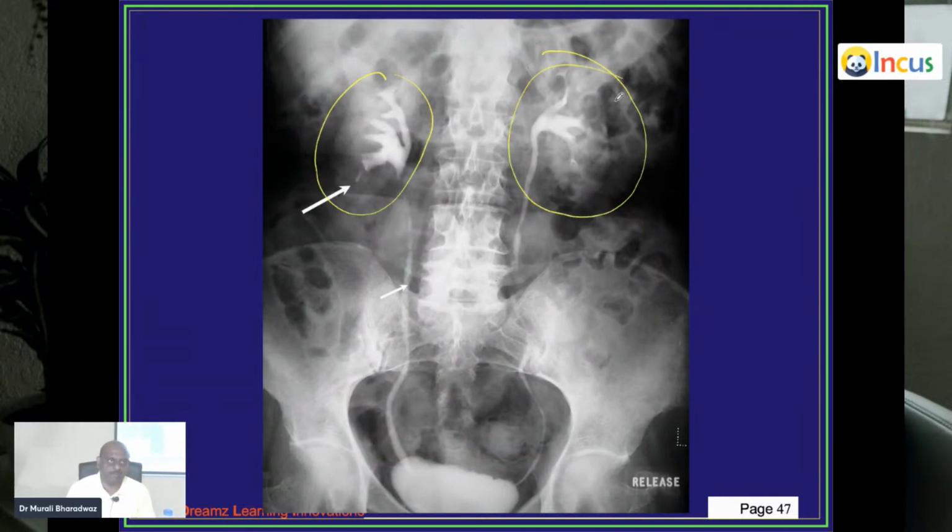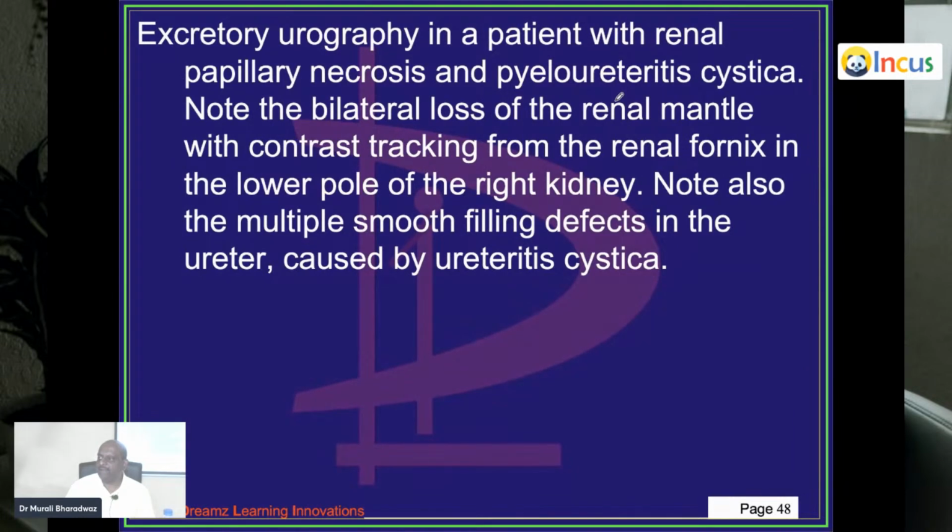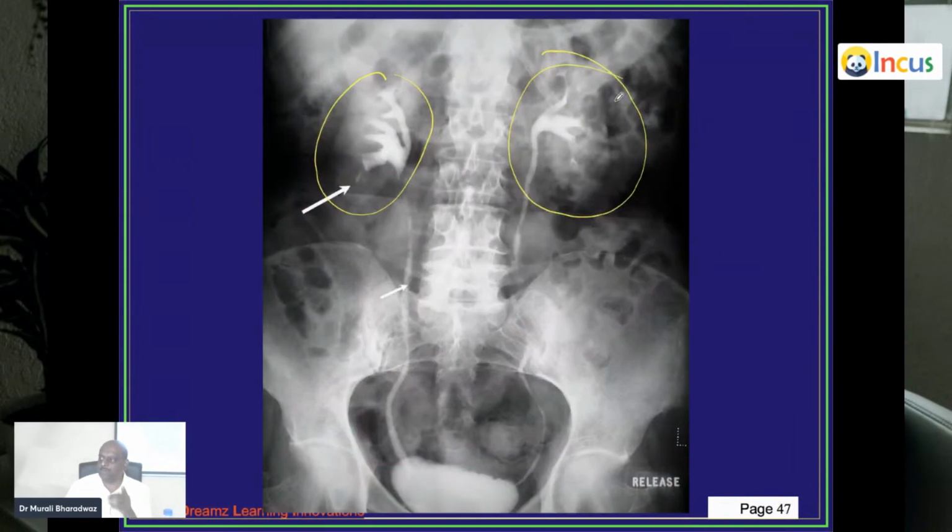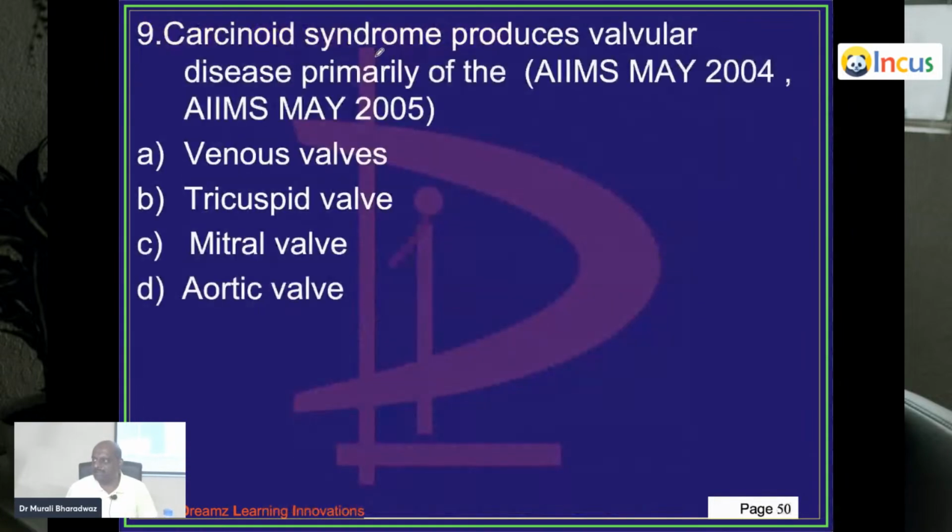This is another example of a pyelonephritis patient. Pyelonephritis is also a risk factor for papillary necrosis. Papillae means minor calyces which separate. So this is another example where you are able to see the ring shadow, egg in cup appearance.